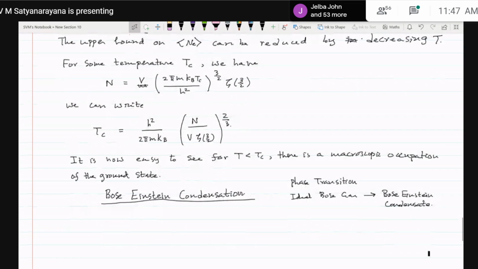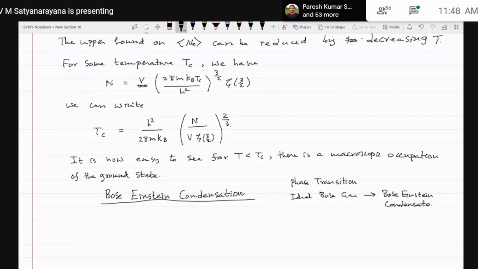Even though Einstein predicted this in 1924-25, Bose-Einstein condensation was experimentally observed only in the mid 90s, around 1995. The 2001 Nobel Prize was given to the people who experimentally observed it at very, very low temperatures.